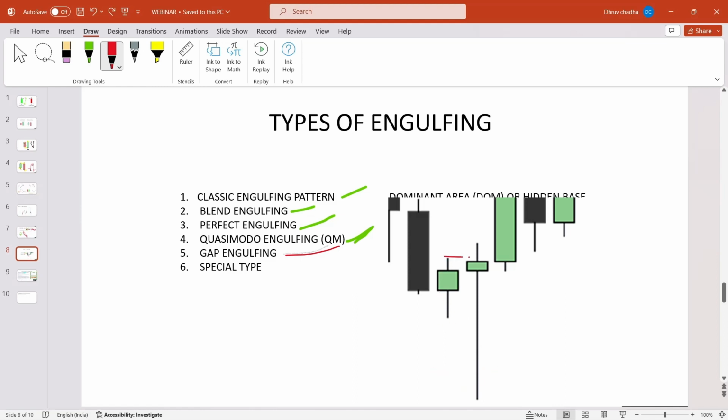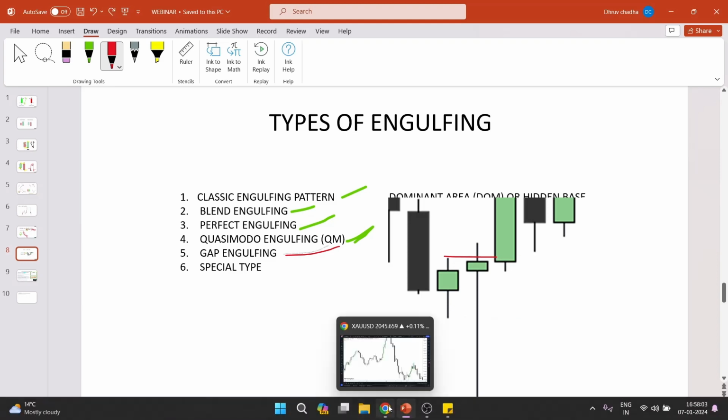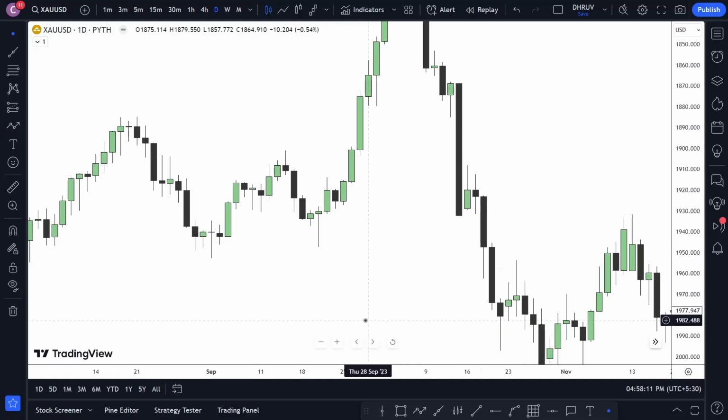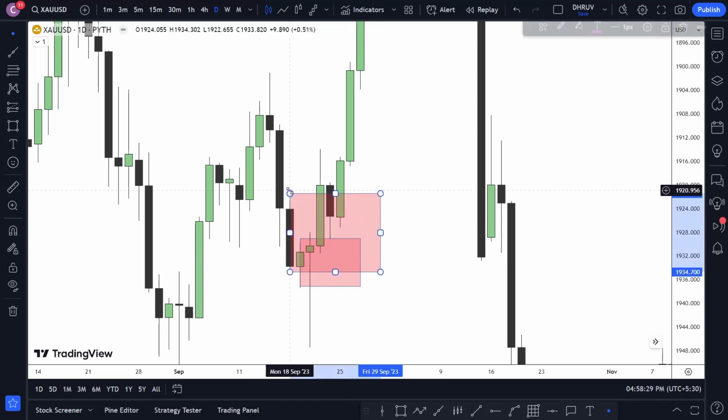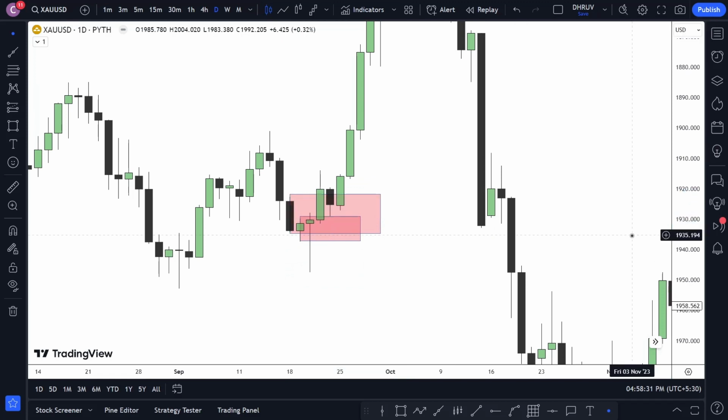So we can call it a bullish engulfing zone. And now you can either mark this as the whole engulfing buy, and you can also mark this zone as engulfing buy too. Okay, so you see price tapped into it and gave a reaction.